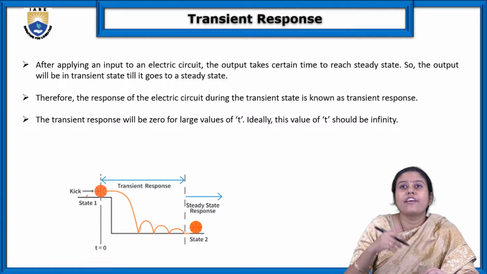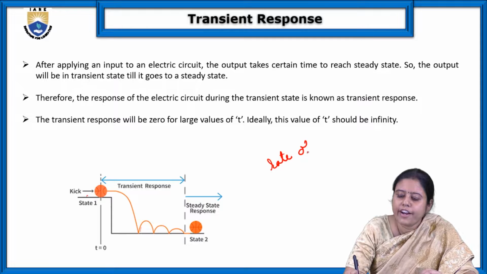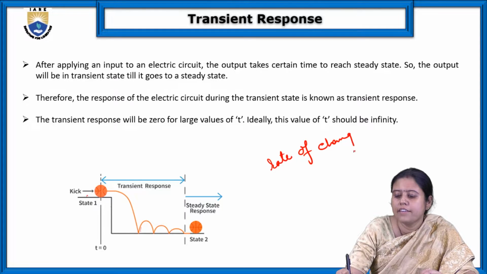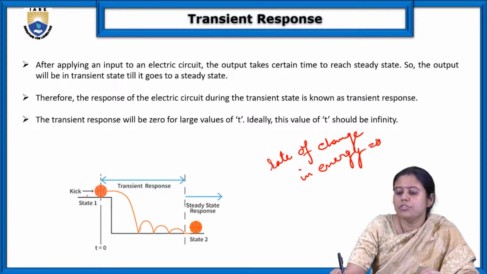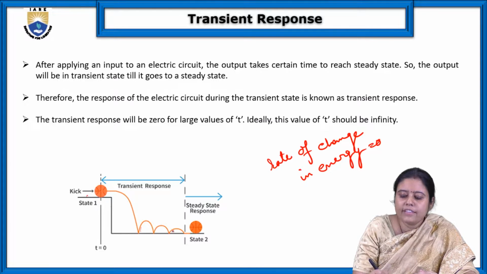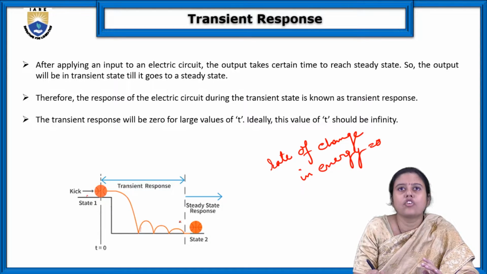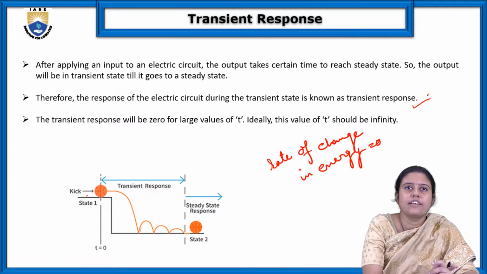After that, when the rate of change of energy, remember the words, rate of change in energy, is equal to 0, then the system will be in the steady state condition. While this energy change is there, it is called the transient condition. Therefore, the response of the electrical circuit during the transient state is known as the transient response.